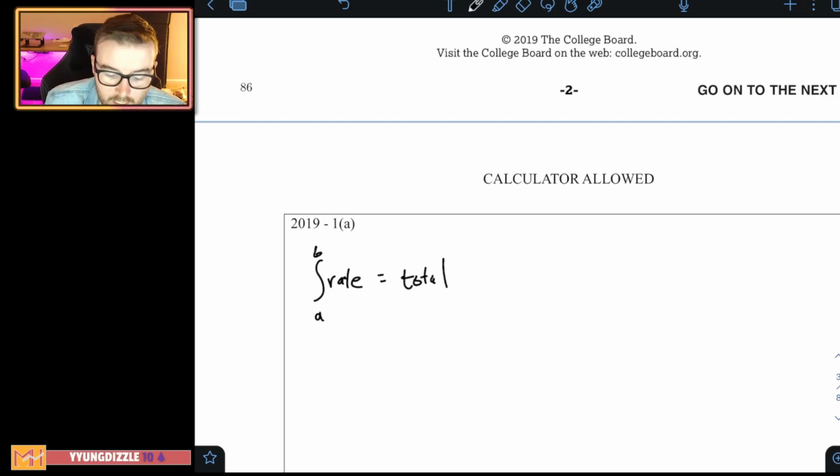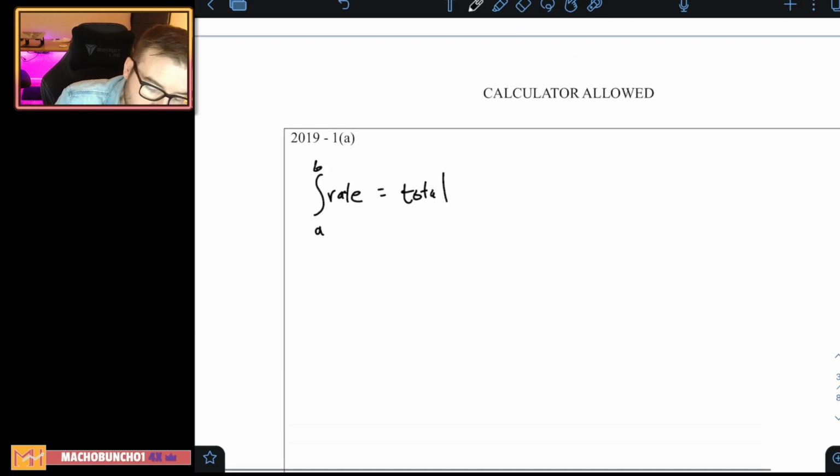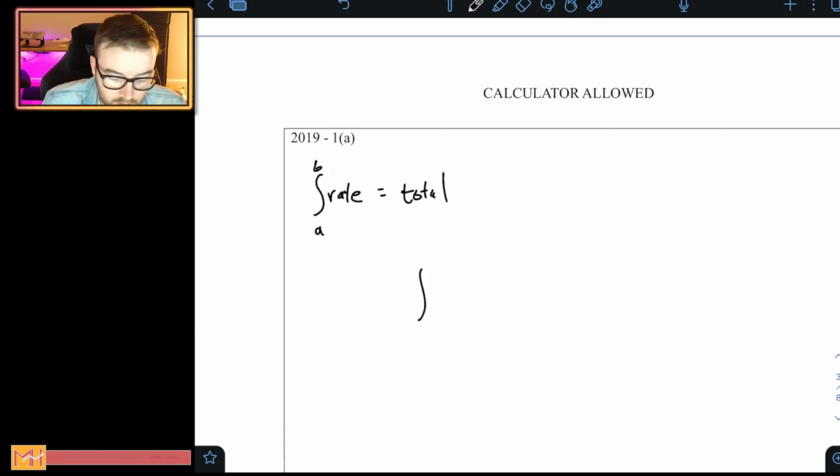When you integrate a rate of vehicles, of people on an escalator, of fish entering a lake, you're going to get a total amount. So if we want to know how many total fish entered the lake from midnight to 5 a.m., you're simply integrating E of t from 0 to 5.